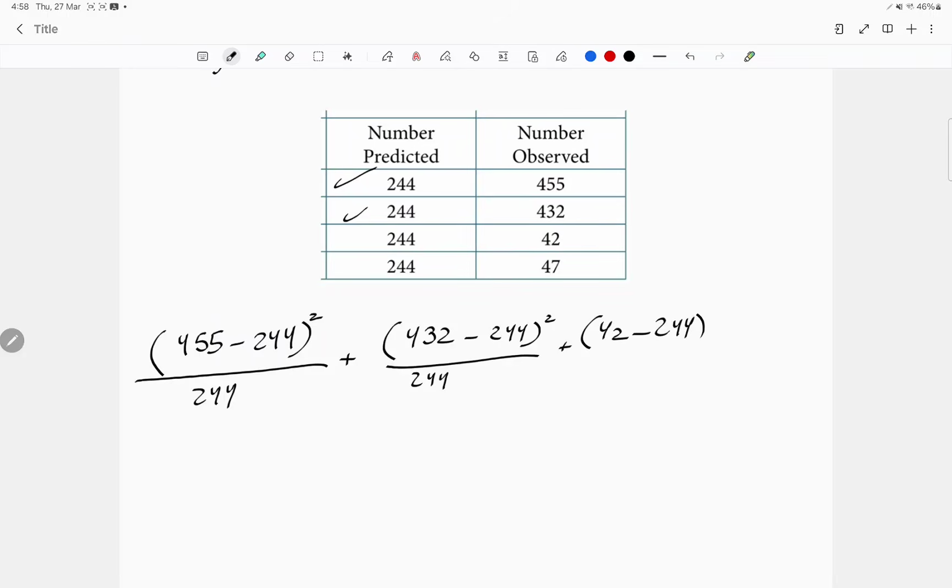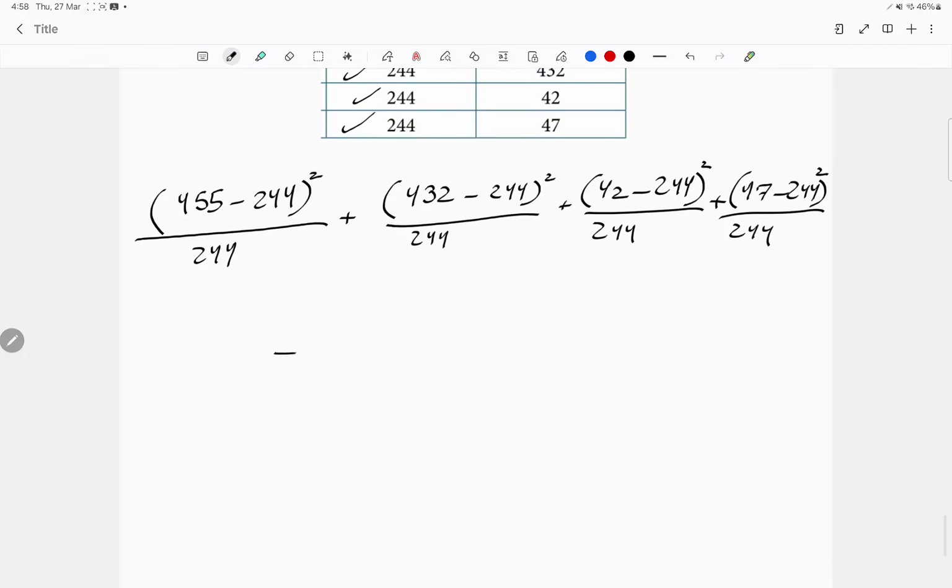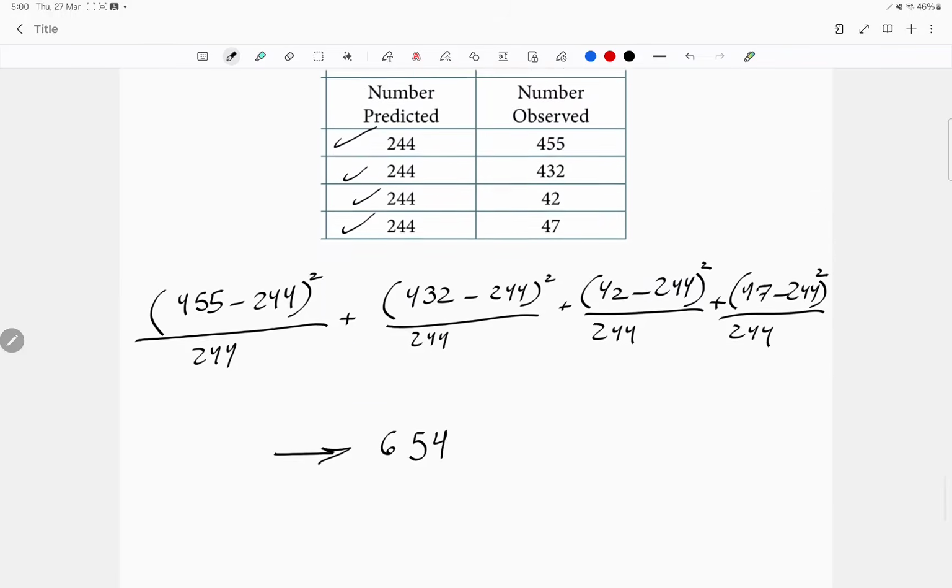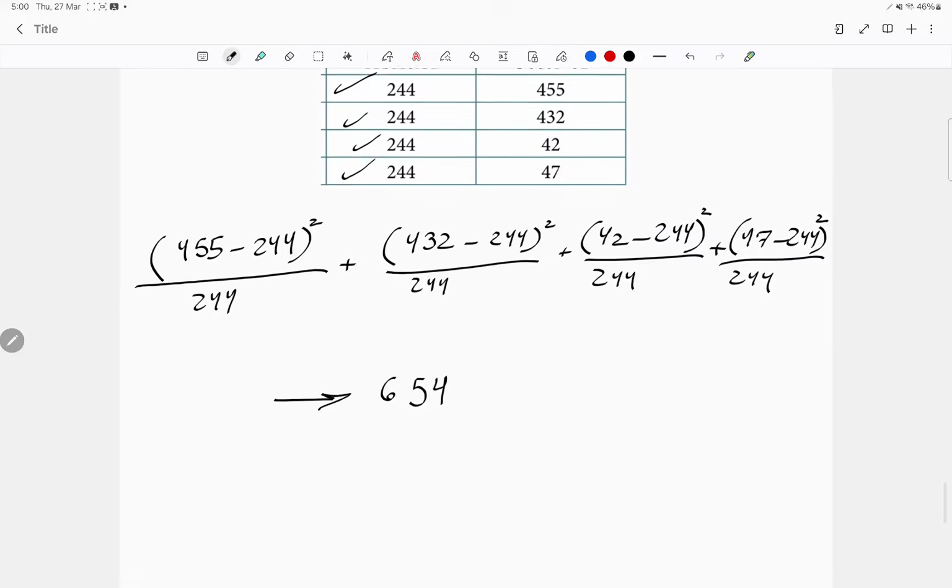Then third row. And then the last row. Let's use the calculator. So I got 653 point, just say point, okay. So that's my chi-square value. So now I have 654.